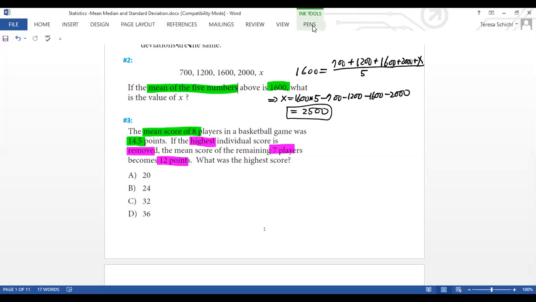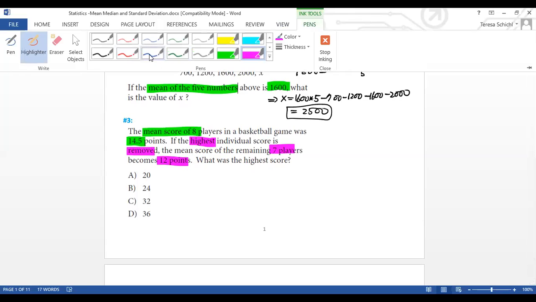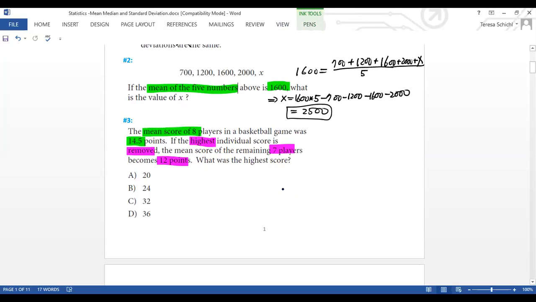When you try to do this type of problem, like we said, I have 8 scores: 1, 2, 3, 4, 5, 6, 7, 8. If you average them, it's 14.5.